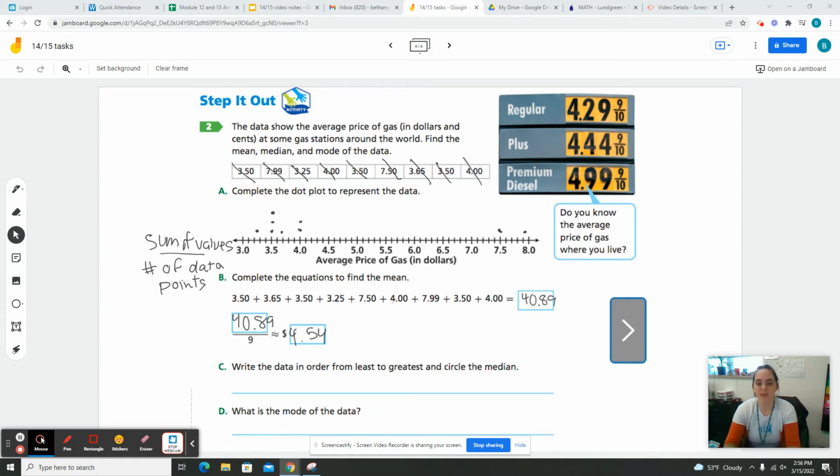Okay, part C is we're going to write the data in order from least to greatest and circle the median. Remember, the median is the number value that's smack dab in the middle, the middle number. So in order from least to greatest, the least one is 3.25.